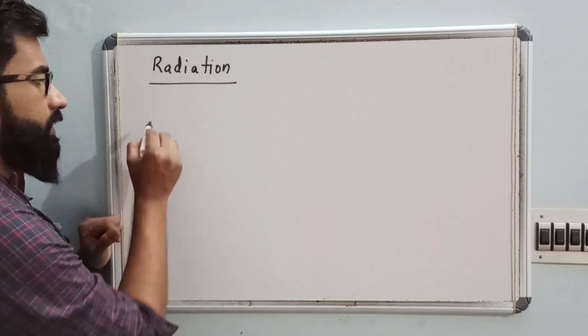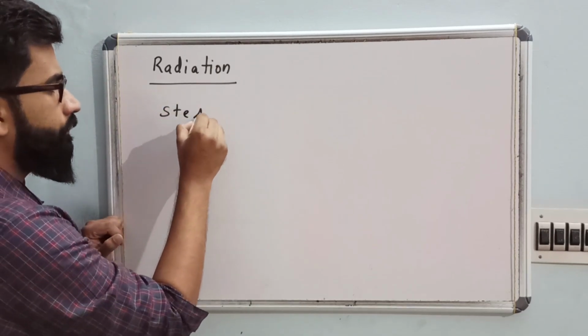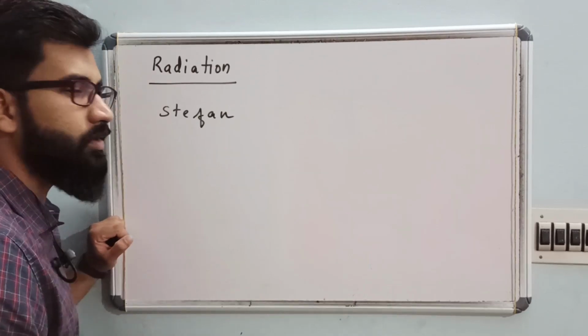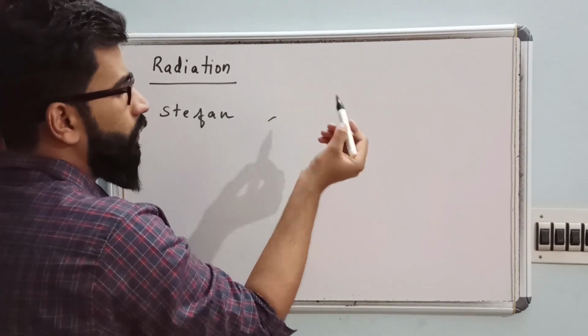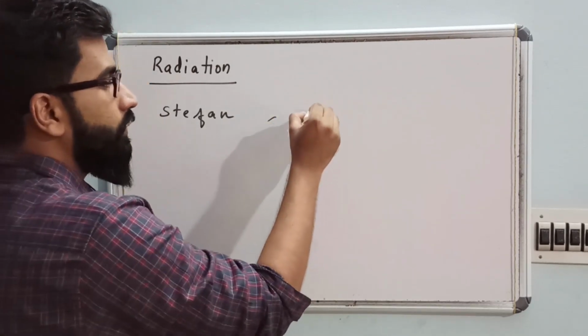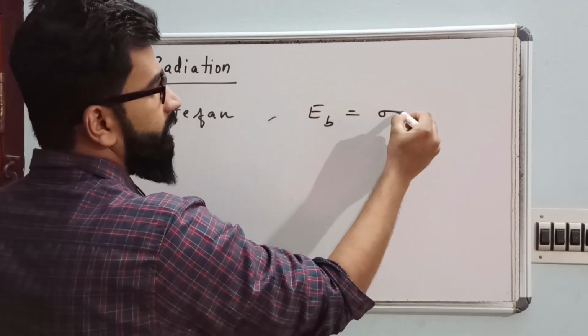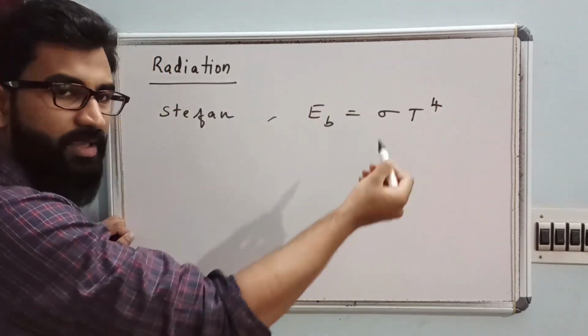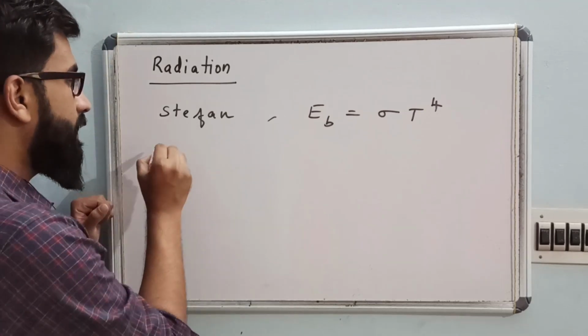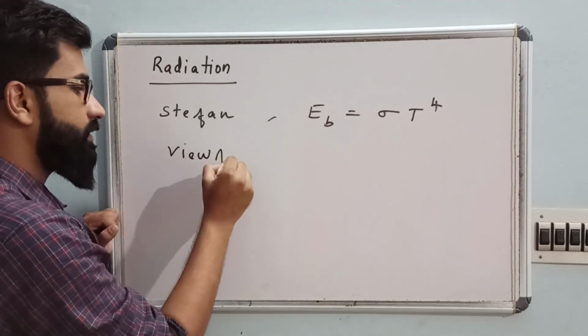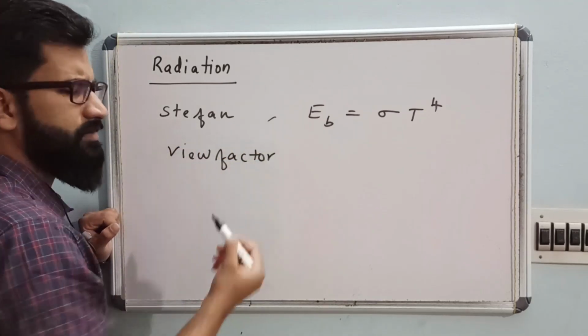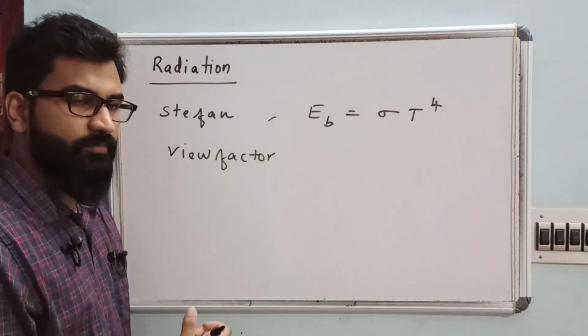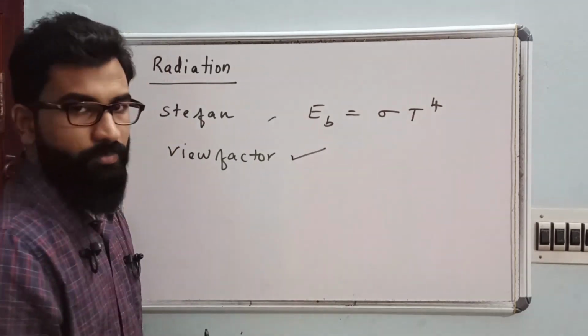The important topic is obviously Stefan-Boltzmann's law. Clear? Most of the questions are directly based on it, that is, black body emissive power is equal to sigma T power 4 multiplied by area. These kinds of things. Plus, almost 75% of the questions from radiation are based on view factor. Right?